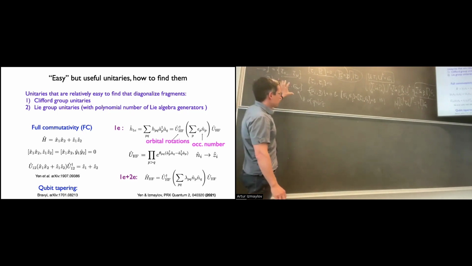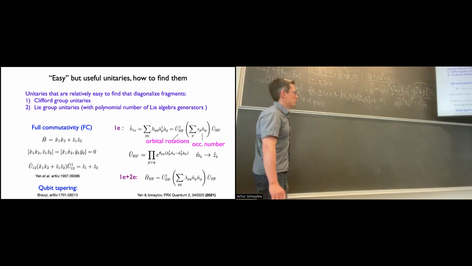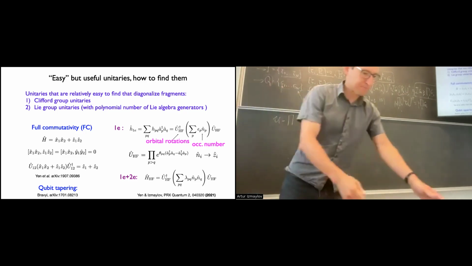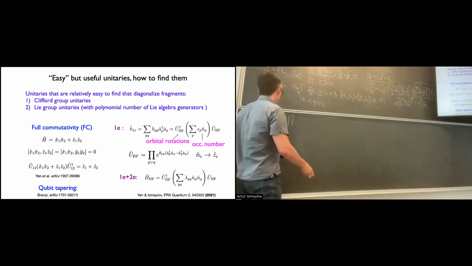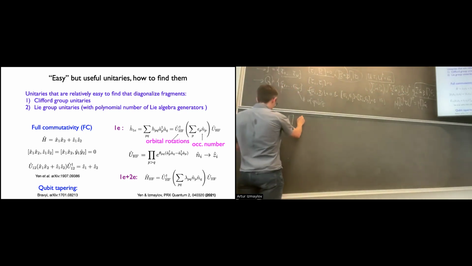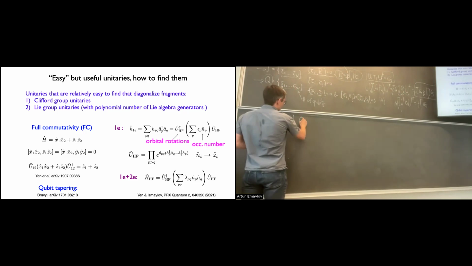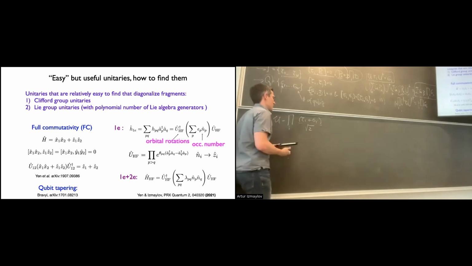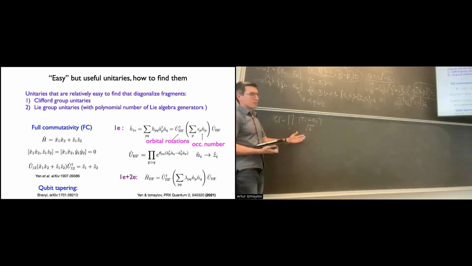If they have these algebraic properties, they will essentially do the job. And more than that, the unitary could be written as a product of the following terms: tau_i plus sigma_i divided by square root of 2. It has this very simple form.